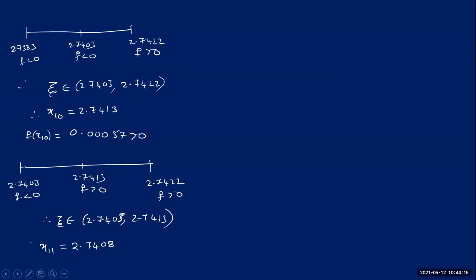Now you see, after getting this x11, compare this x11 with x10, right? When you compare those two, you see you have not yet reached 3 decimal accuracy. So I'm just calculating one more step, because we are going to take the middle point of the next two values. So it certainly will get this 3 decimal accuracy. Let me just continue for one more iteration.